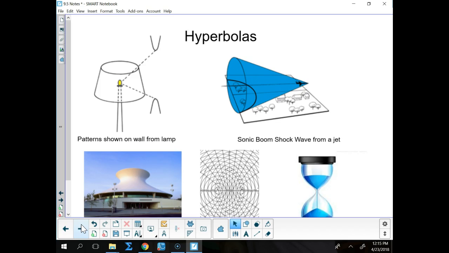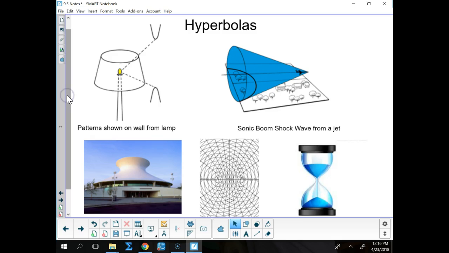Here are some examples of hyperbolas. A sonic boom from a shock wave. You probably didn't know it, but if your lamp shade is just right, a lamp up against the wall will create a hyperbola with the light above it, and then below.